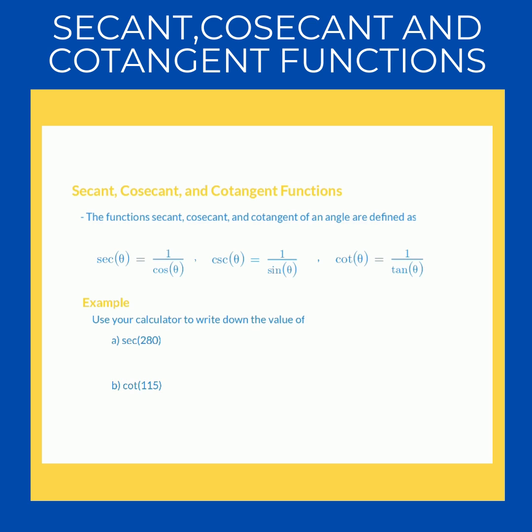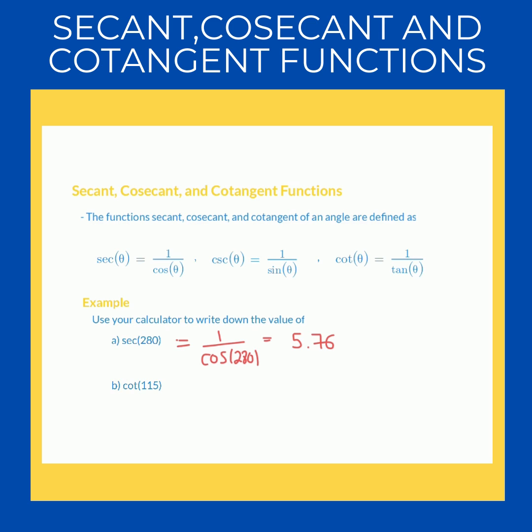So secant of 280 degrees is equal to 1 over cosine 280. So using your calculator, 1 over cosine 280 degrees is equal to 5.76, correct to 3 significant figures.